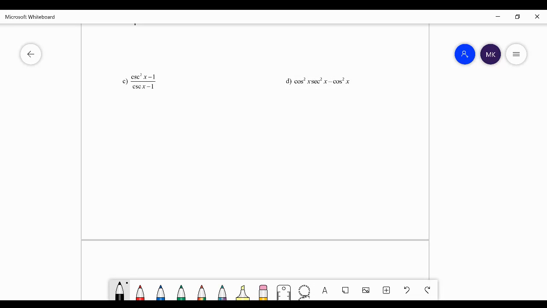And lo and behold, this is. So the numerator becomes cosecant x plus 1 times cosecant x minus 1, and that's all divided by cosecant x minus 1. Lo and behold, that's gone. So I get cosecant x plus 1.